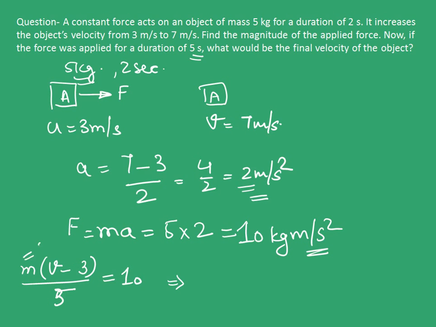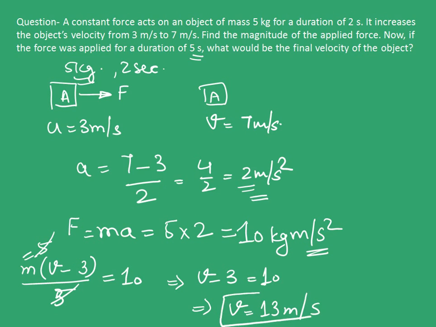Mass here is equal to 5 kg. So this 5 and this 5 cancel out. What we get is v minus 3 equals 10. This implies v equals 13 meters per second. So if this force of 10 kg meter per second square had been applied for 5 seconds instead of 2, its velocity would have increased to 13 meters per second.